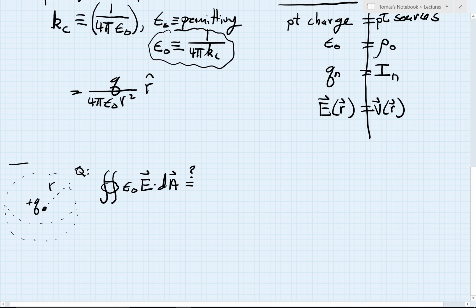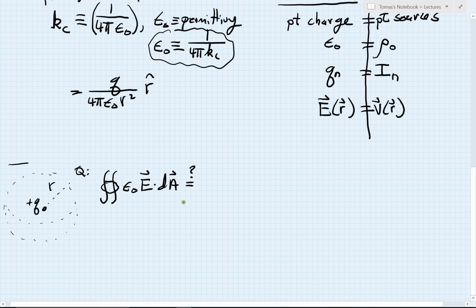Now here's how I would answer it. I could stick in the value for the electric field from the point charge and then start doing some complicated surface integral, but I want to use my mechanical analogy so I can use my fluid intuition.